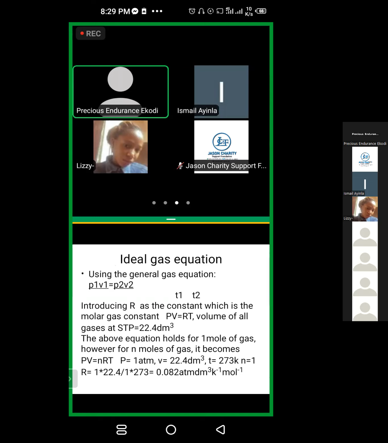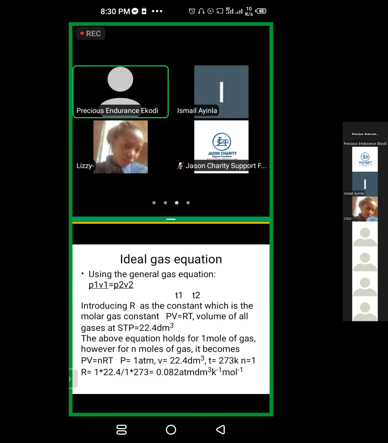So let us say we have 1 mole of that gas. That's where n is coming in. We need to find out what our R is.